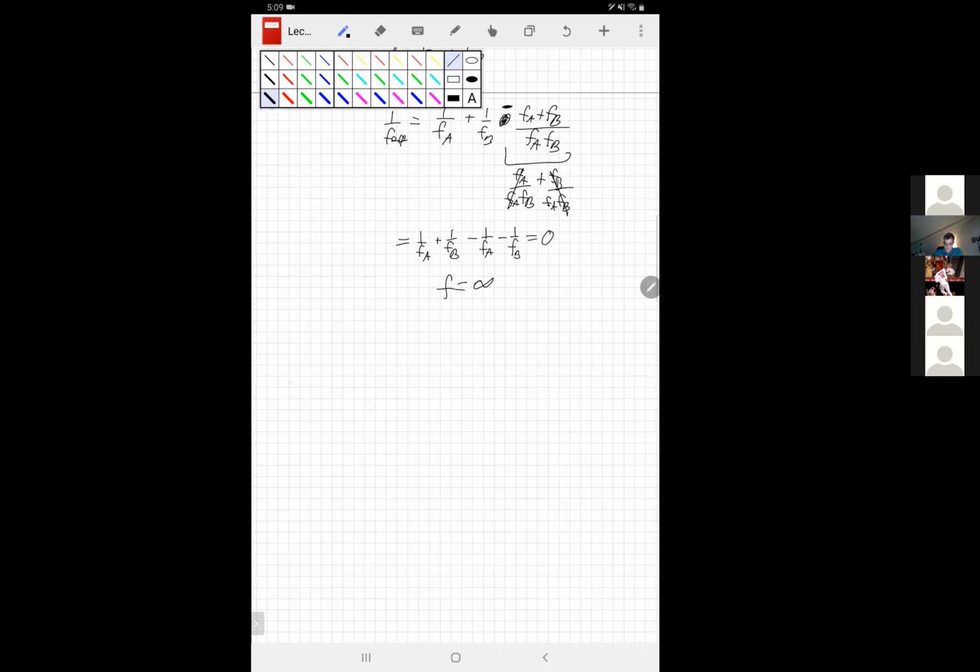Actually, I'll just do one. So we've got our two lenses, and we'll say that the first one has a long focal length. These rays come in making an angle theta, and they all come to a focus here.